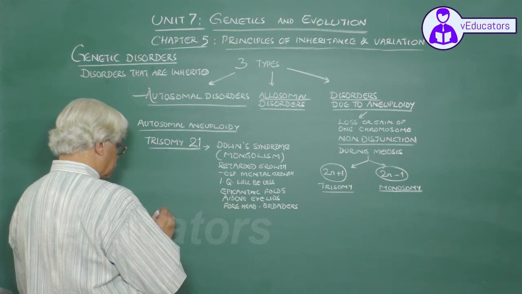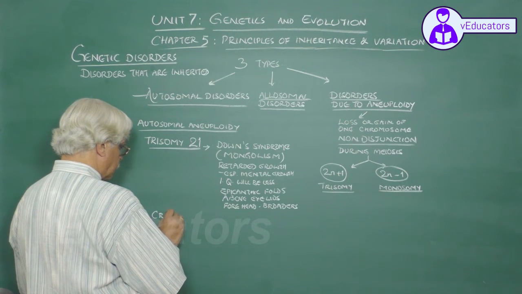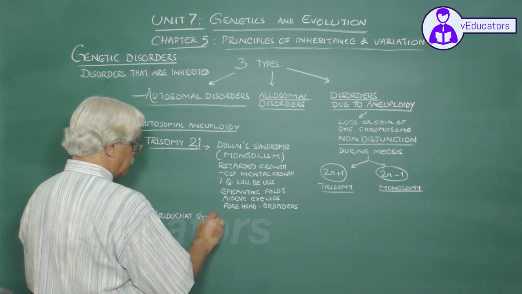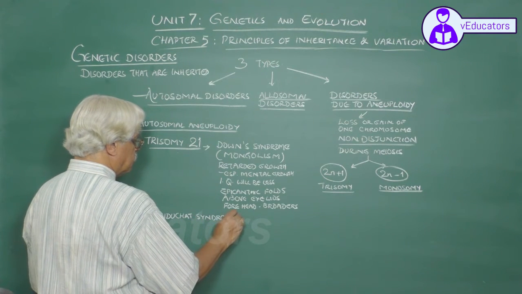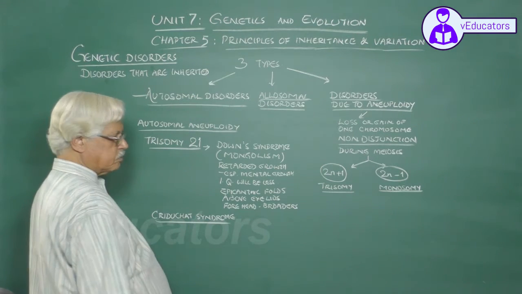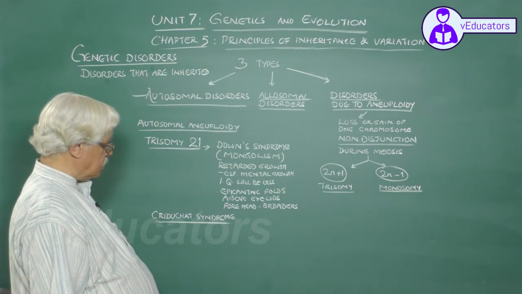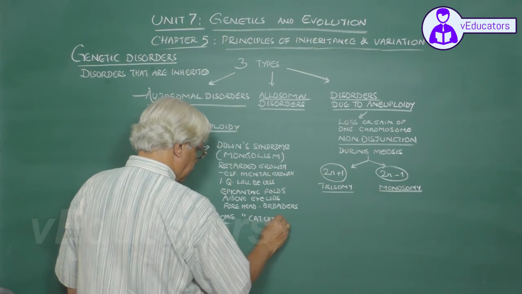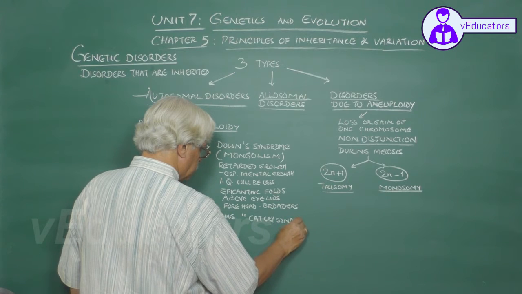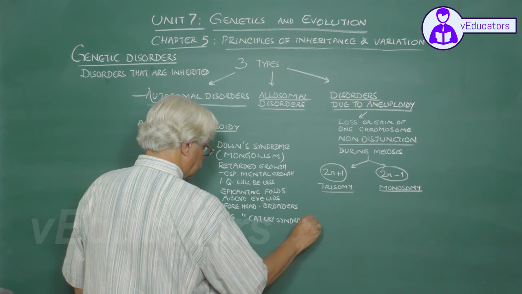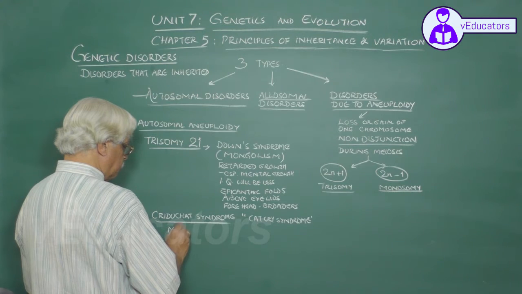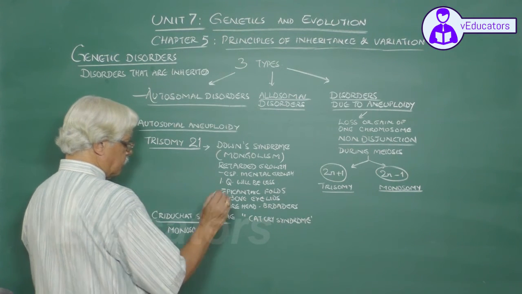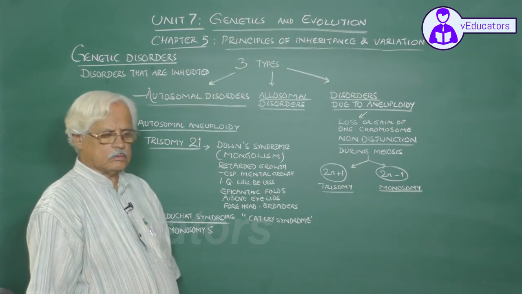Another example is Cri-du-chat syndrome, commonly called cat cry syndrome. It is a case of monosomy in the fifth chromosome, fifth pair of chromosomes.